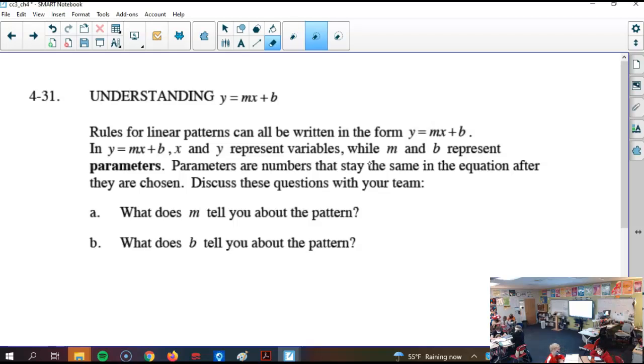So when you formalize an equation, like up here, you said y equals 4x plus 2. The 4 doesn't change and the 2 doesn't change. But as x changes, y changes. Right?